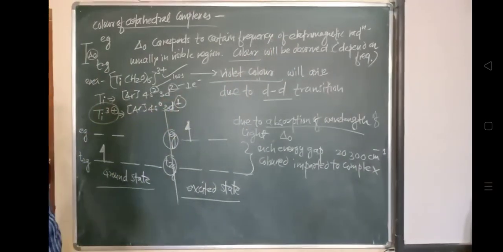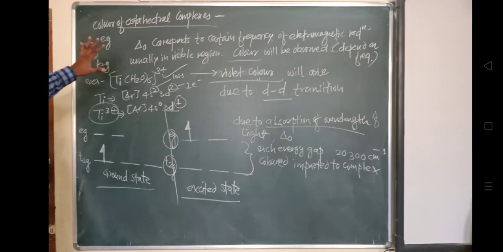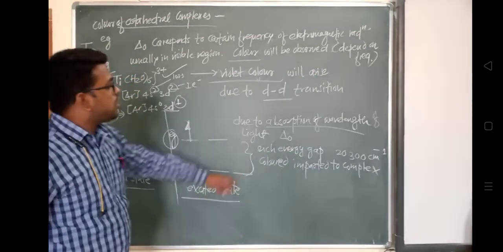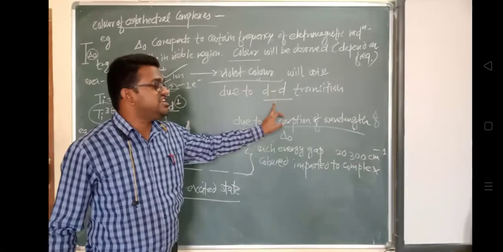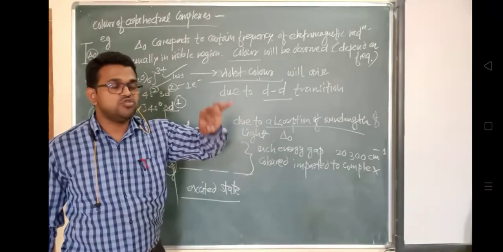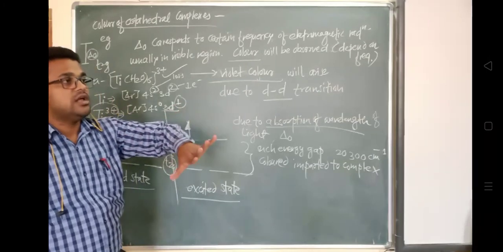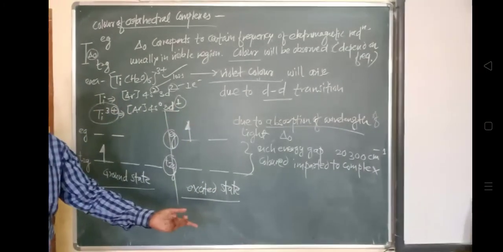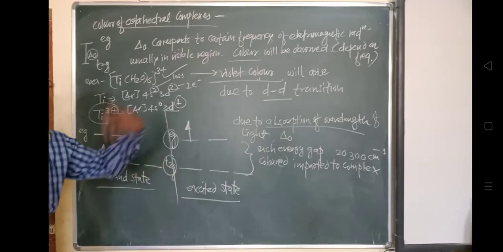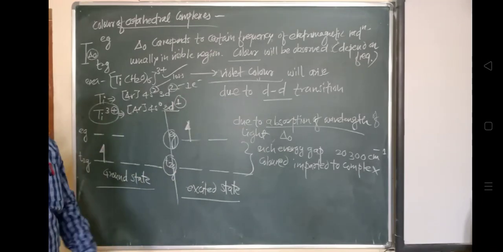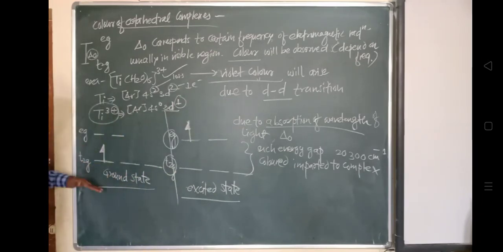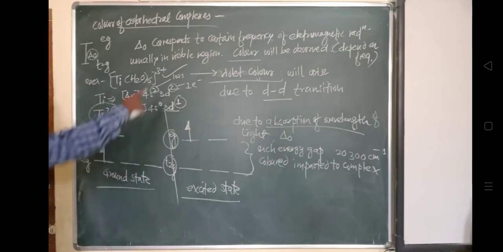So this is the color of the octahedral complex. Do you understand why these show color? Because of the DD transition, the movement of the electron from d to d. It goes from a d orbital to a d orbital only, correct. But how? From one set to another set, from a lower energy level to the higher energy level, and that is why it shows a color.